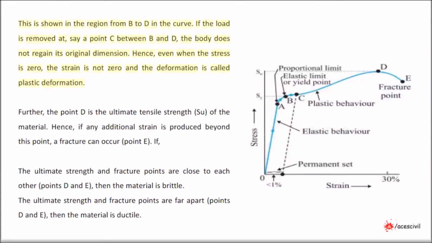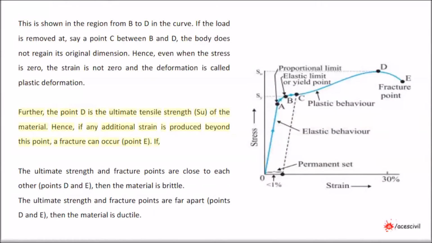This is shown in the region from B to D in the curve. If the load is removed at, say, a point between B and D, the body does not regain its original dimension. Hence, even when the stress is zero, the strain is not zero, and the deformation is called plastic deformation.